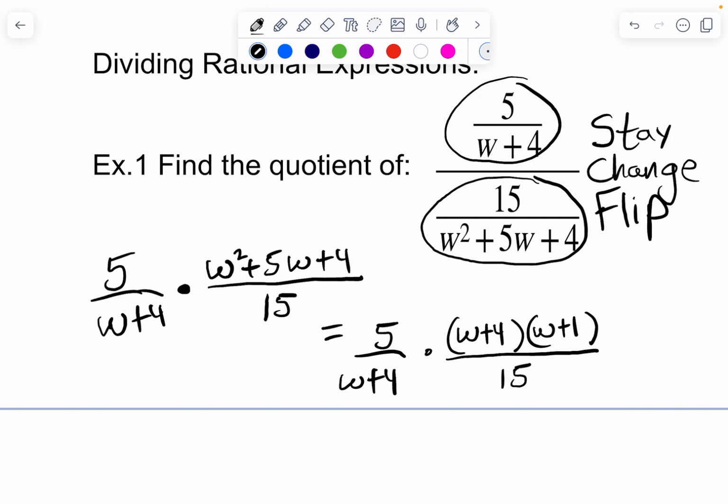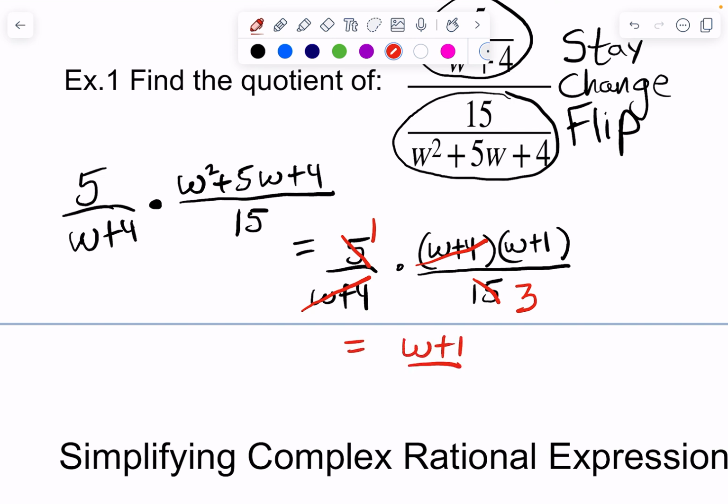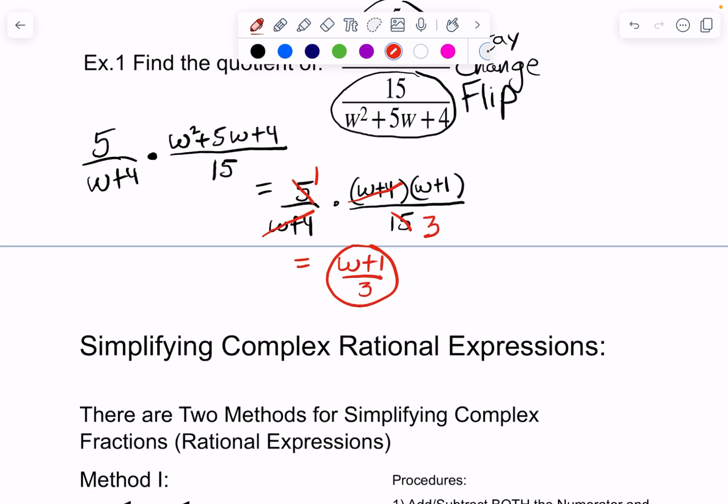Now we can simplify. 5 goes into 5 one time, 5 goes into 15 three times, and the binomial w plus 4 cancels out with the binomial w plus 4 in the numerator, leaving me with w plus 1 over 3. All right, perfect. So I just wanted to review dividing rational expressions. Let's get to today's lesson.